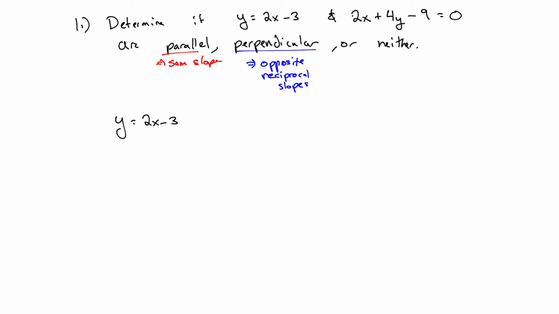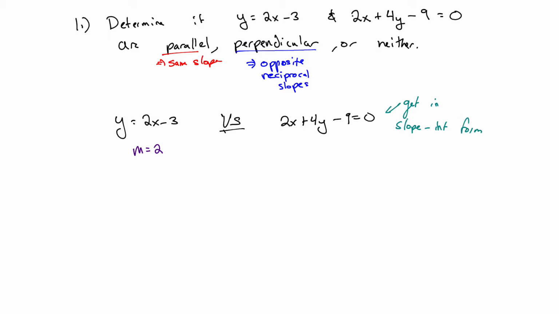I should use a different color. So m equals 2. Now this other one, 2x plus 4y minus 9 is equal to 0. We first need to get this in slope-intercept form, right? Because that's the only way we can really find the slope. I mean, there's other ways. There's formulas that you can use for general form, but it's unnecessary.